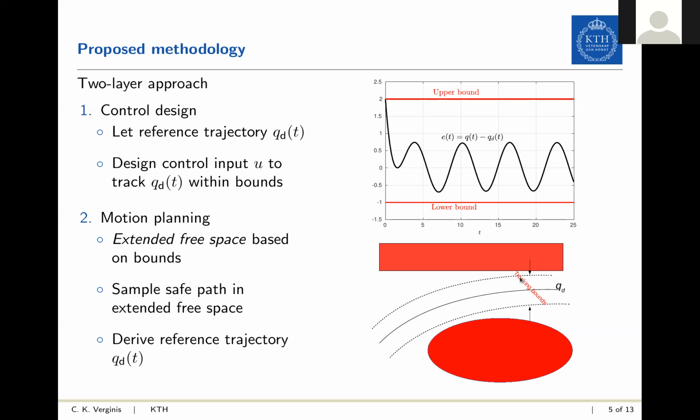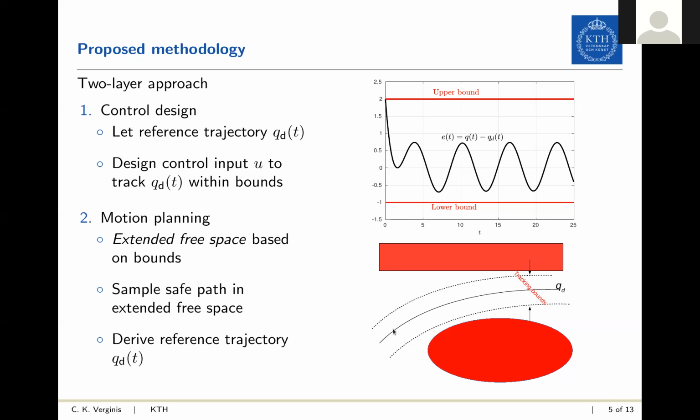Here is a nice example in the picture. Given these red obstacles, we sample a path, shown with a solid black line, whose distance from the obstacles is greater than or equal to these bounds that we derived in the control design approach.